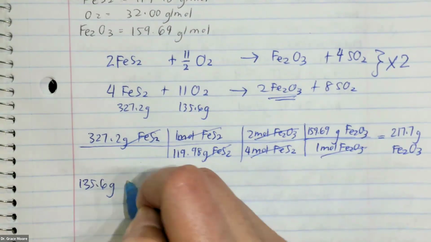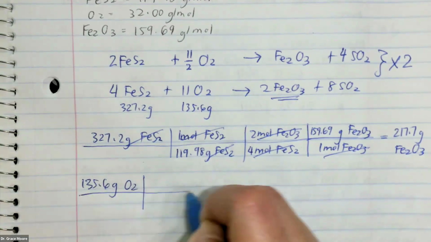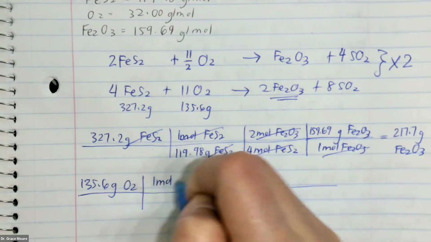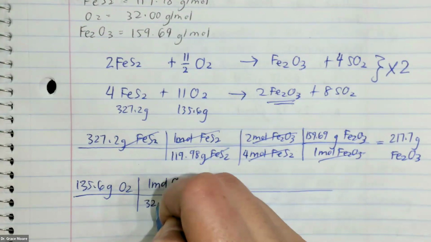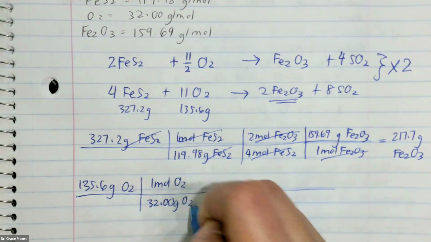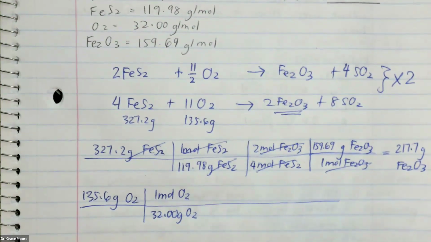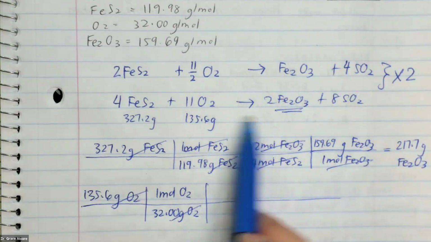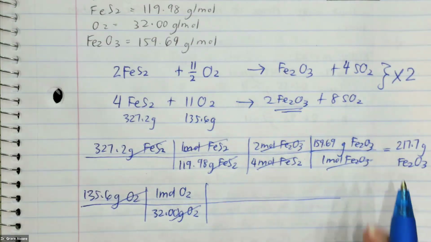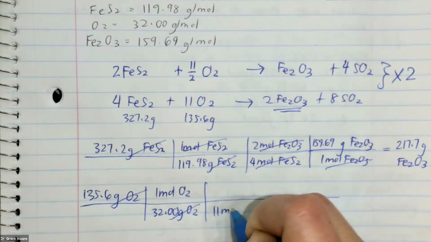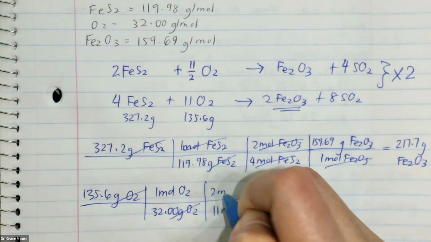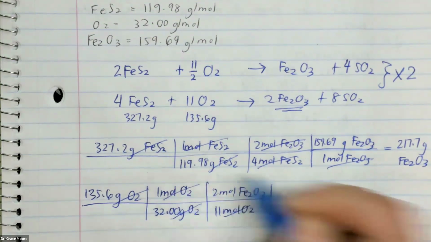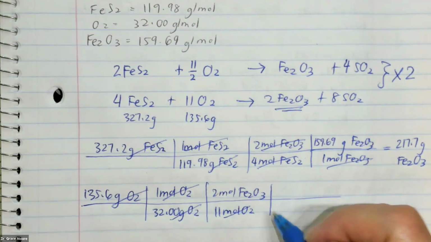135.6 grams of O2. Again, I'm going to turn it to moles, do a mole to mole ratio. 1 mole of O2 weighs 32.00 grams. And then for moles of O2, I have 11, and it goes to 2 moles of my product. All right. And now we use the molar mass.